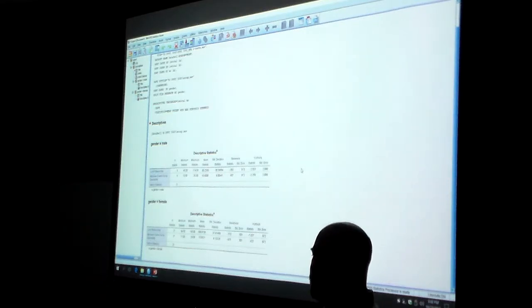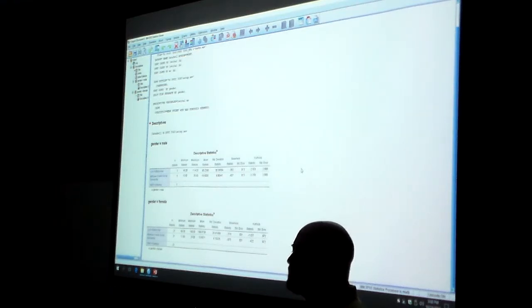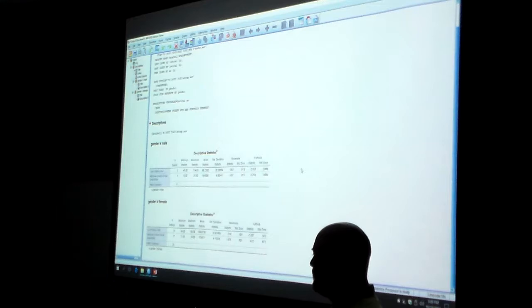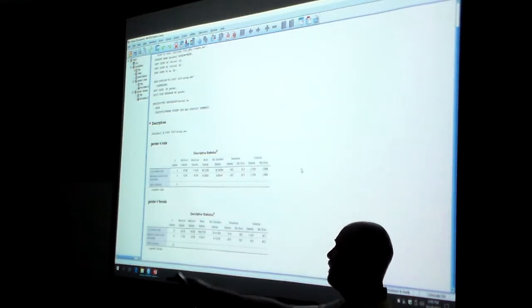We've probably got more negative kurtosis than we'd like, which is to be less than 2, but if it's less than 8, what's the big thing that should catch your eyes in terms of what's going on with the men? The standard deviation? What else?